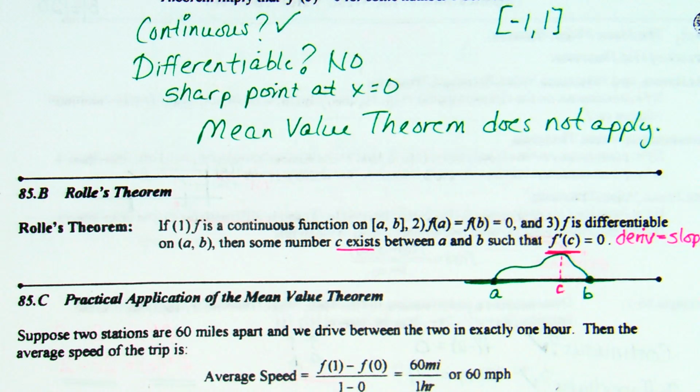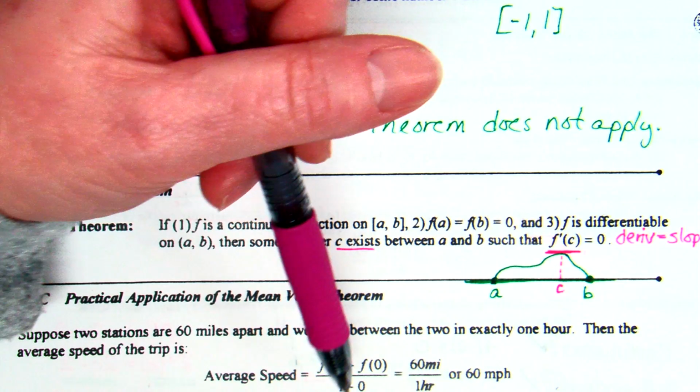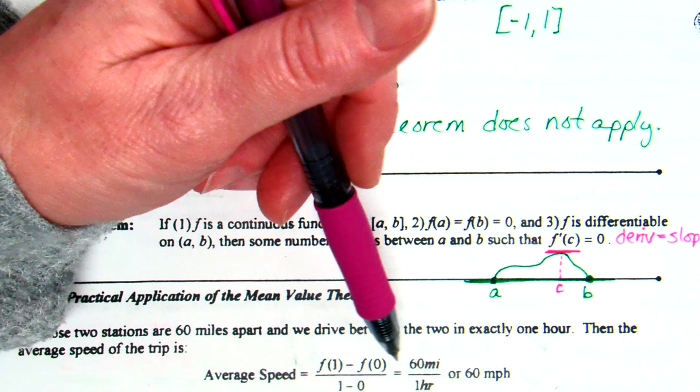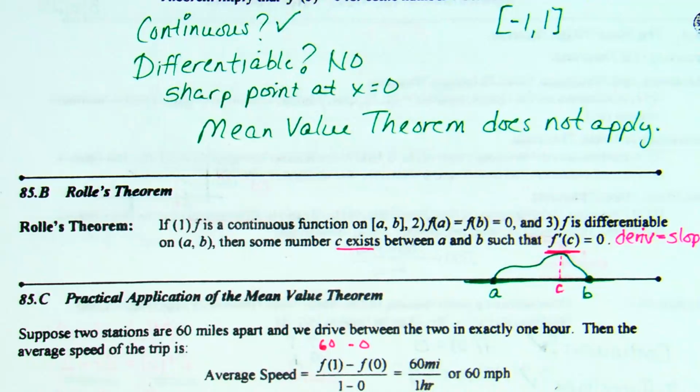So the idea, based on our mean value theorem earlier, f of 1 minus f of 0 over 1 minus 0, that's going to be 60 minus 0 over 1 minus 0. Okay? So that's the idea that we can use with the mean value theorem.